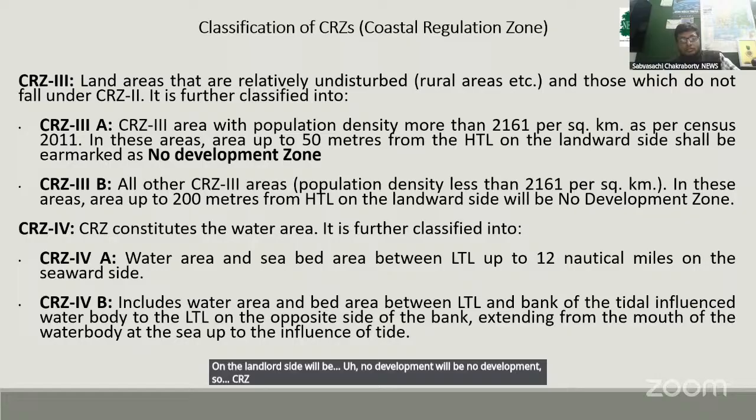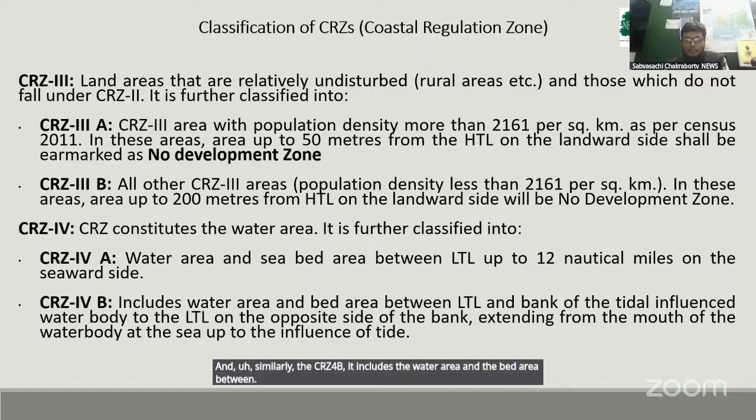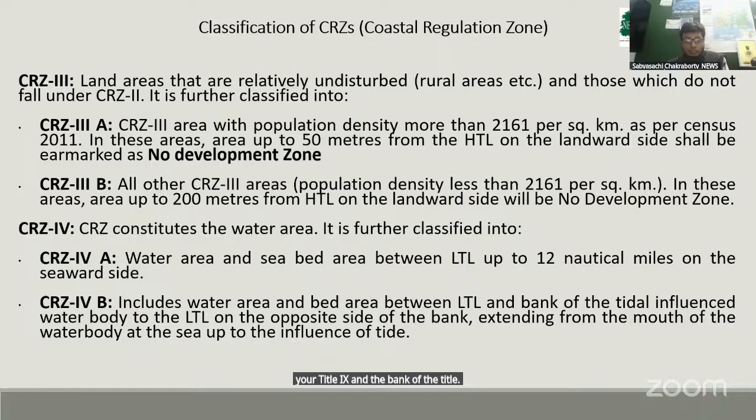CRZ4 constitutes the water area. It is further stratified into CRZ4A and CRZ4B. The water area and the seabed area between the low tide line up to 12 nautical miles on the seaward side is the CRZ4A. And similarly, the CRZ4B includes the water area and the bed area between the low tide line and the bank of the tidal influenced water body.